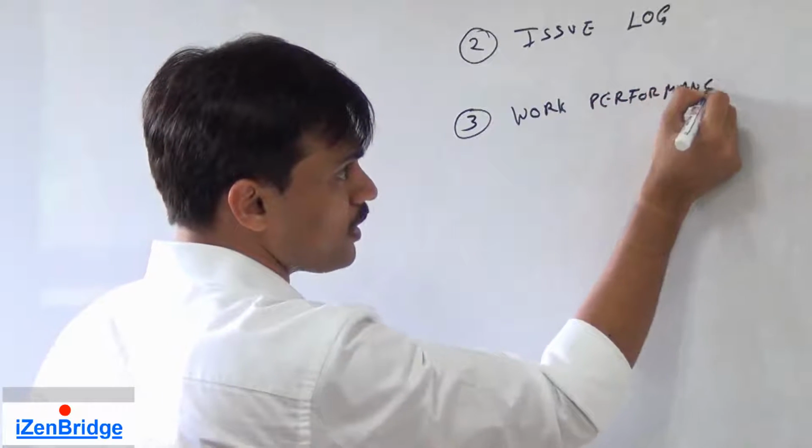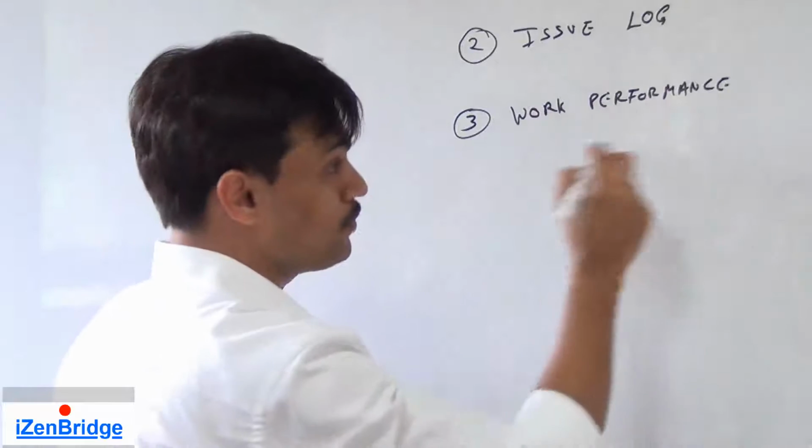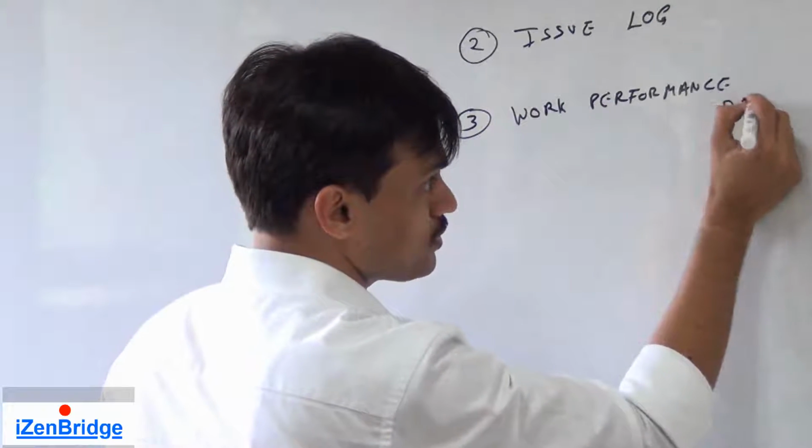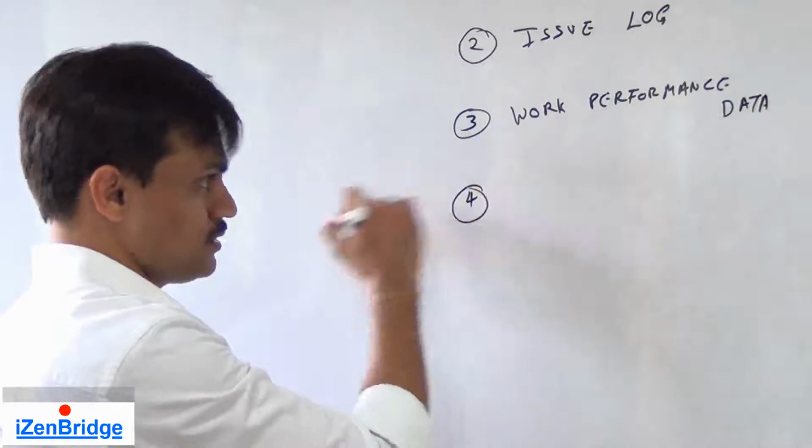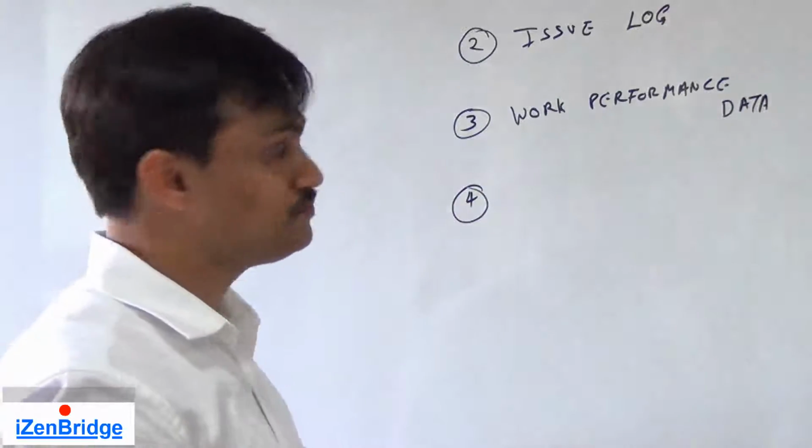Work performance data comes from the executing process group, process function, which is direct and manage project work.